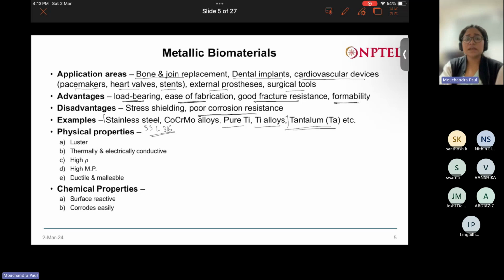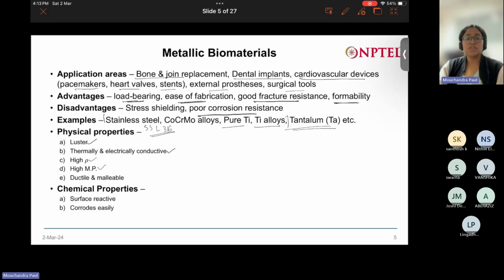Then, what are the physical and chemical properties of metals? Quickly, we will go through. It has a luster, meaning it shines very nicely. It is electrically and thermally conductive. It has a very high density. The melting point of metals is very high, meaning you need big furnaces that can go up to thousands of degrees or even more to melt the metal into liquid, and then you can process it.